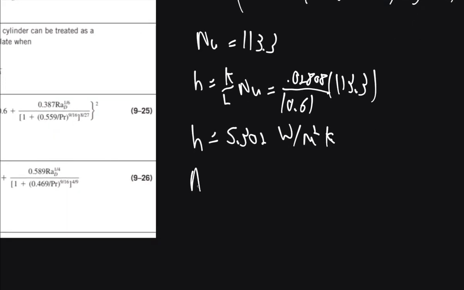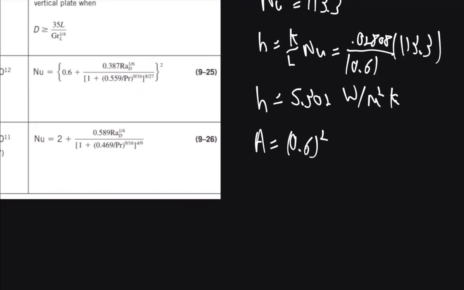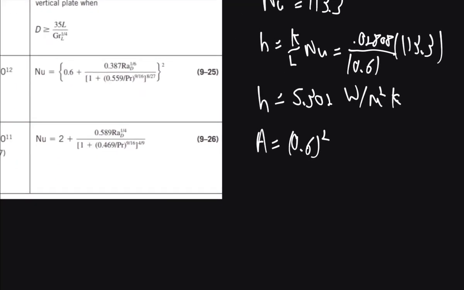And we know that the area is just 0.6 squared. That's the area of a square. And so we can find Q dot with h A_s (Ts minus T infinity).